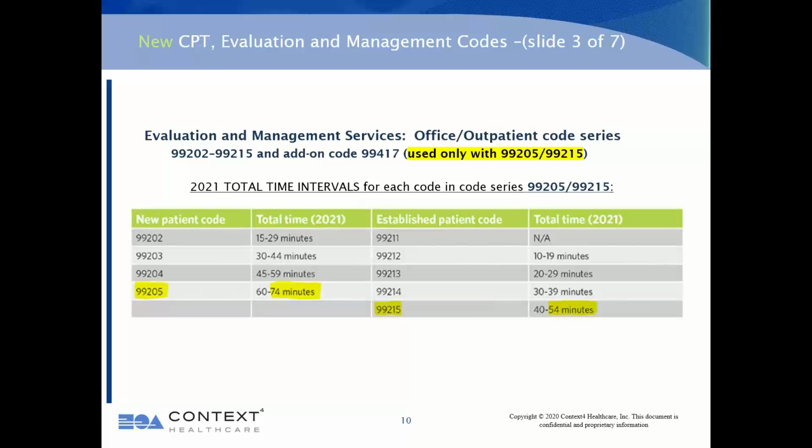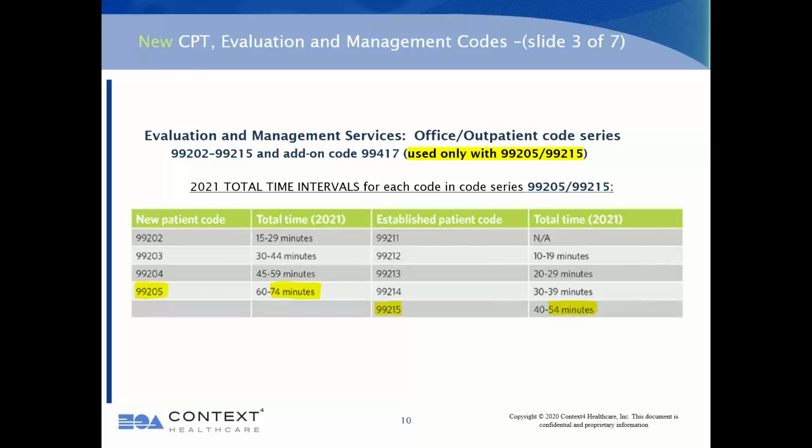This slide provides a visual summary of total time as it will apply to office outpatient E&M encounters in 2021, according to CPT guidelines. When a coder is choosing a level based on total time, in order to code a new patient level 5, 99205, by CPT guidelines, at least 60 minutes of total time must be documented in the medical record.